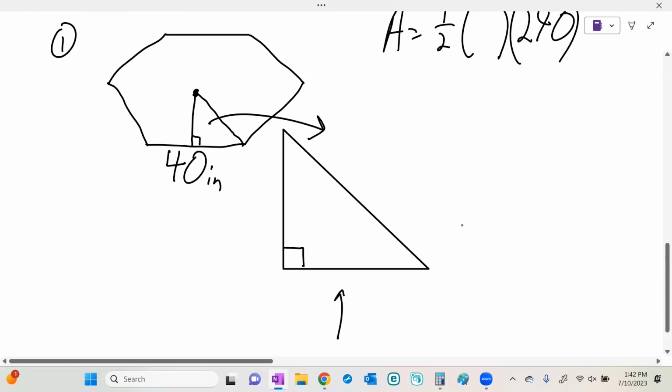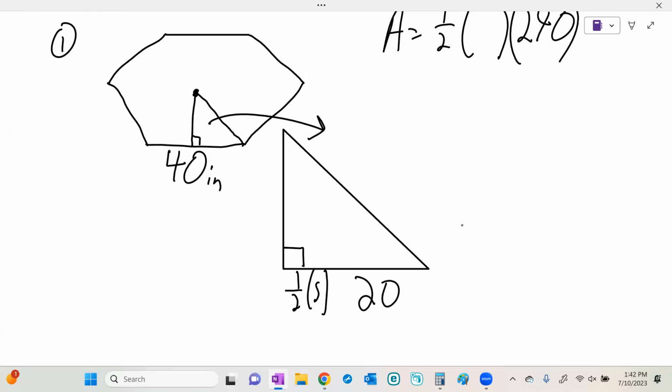So this right here would be 1/2 of a side, 1/2 S. And in this case, what would that be? 20. That still doesn't give us very much information. Right? I can't find out the apothem yet.